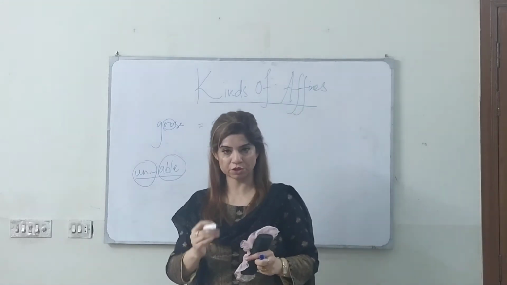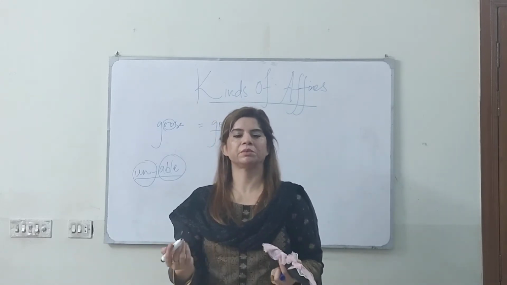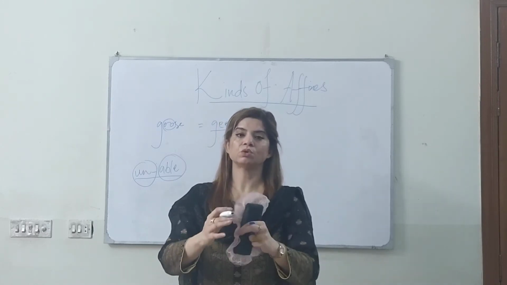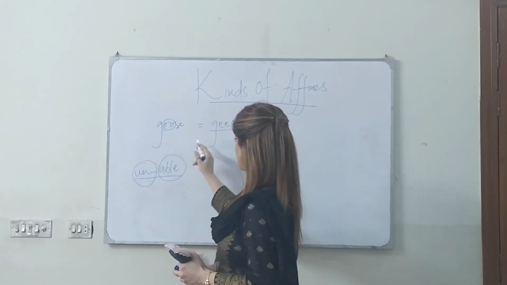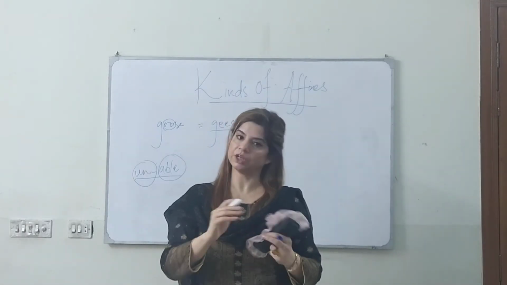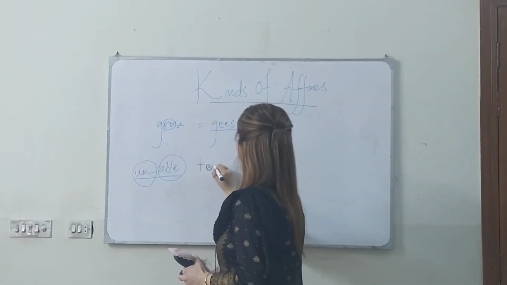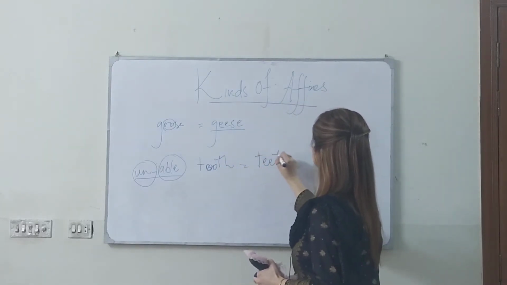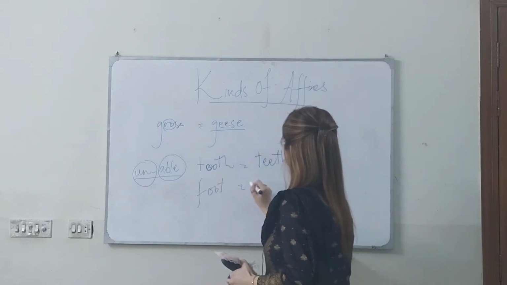Sometimes when we change the central morpheme, sometimes they are vowels, sometimes they are consonants, when we change them, they not only change the meaning, they also change the gender. Here we have changed the gender, and sometimes they change singular into plural, like tooth, teeth, foot, feet.